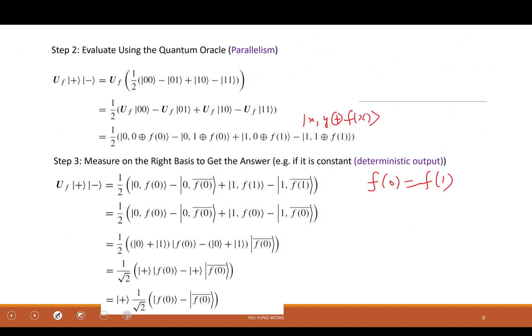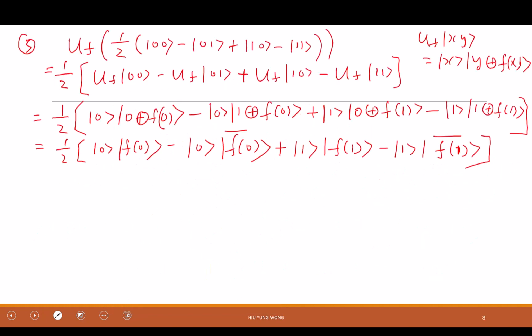So what I'm showing here is incomplete, just to show you the idea. If you can measure in the plus minus basis, we are basically done. You see that I derive here, but ignore this one, right? We still want to measure in the 0-1 basis. So I will apply the Hadamard gate, and then I can do it in the 0-1 basis, right? So this is another step.